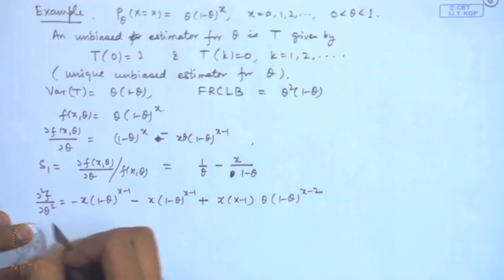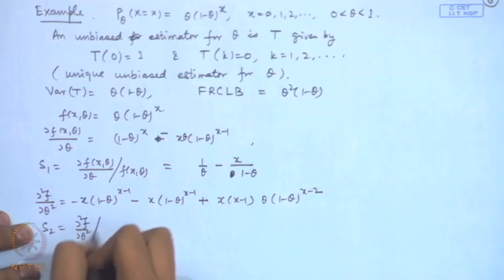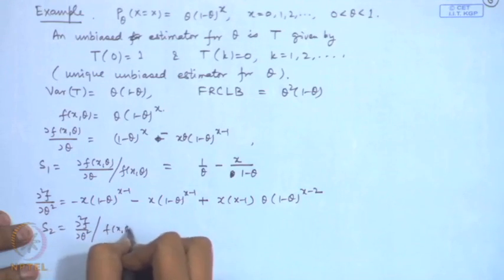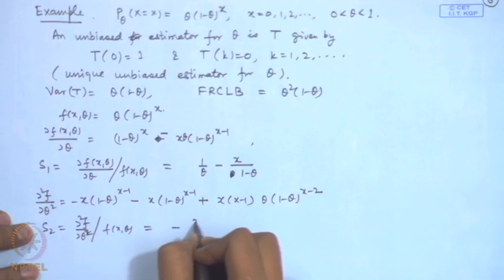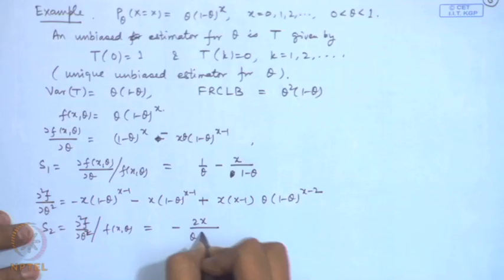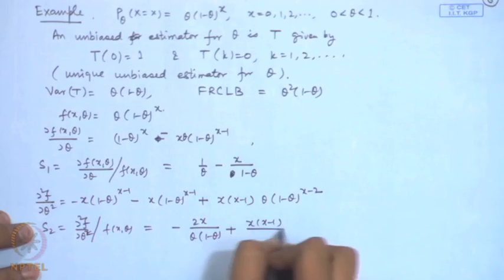These two terms can be combined. So, S 2, that is del 2 f by del theta 2 by f, becomes minus 2 x by theta into 1 minus theta plus x into x minus 1 by 1 minus theta square.